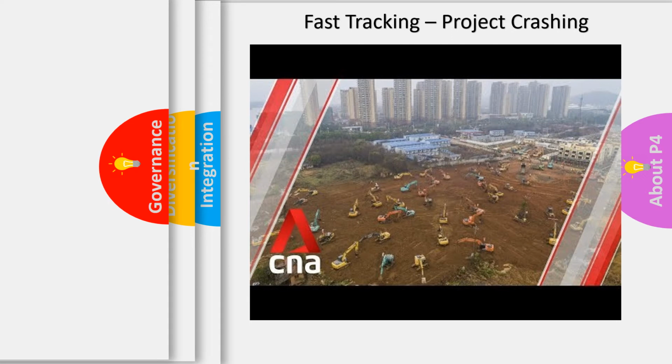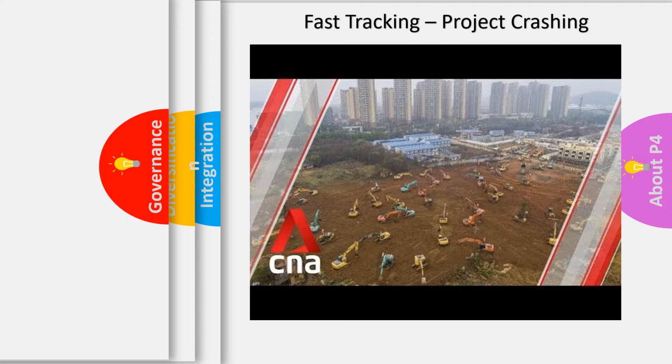So what you saw in that video was China building 3, 4 story hotels literally within 9 days. Fast tracking, where you take the overall stages of the whole project, and if you've got 6 stages, you're condensing those stages into 3 stages and doubling up on those stages. Or project crashing, where you're getting a lot more people involved to complete the project in half the time.